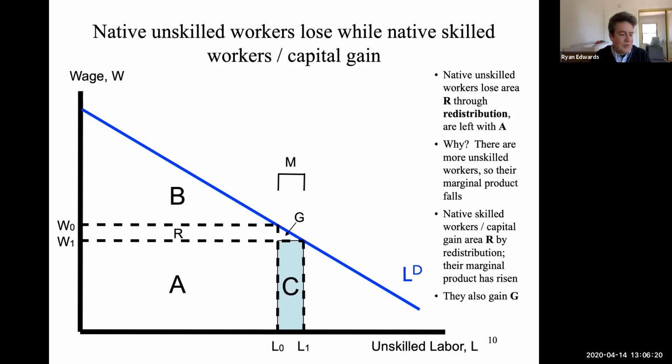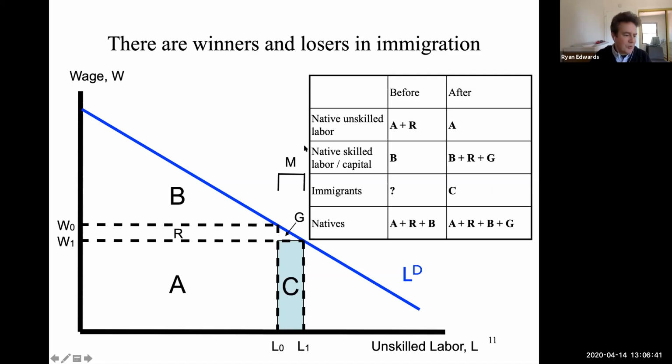But still, if the tax is small, if immigration is relatively small, the triangle itself is even smaller, and it tends not to be a very big deal. What is a big deal is the redistribution, this rectangle R, that gets yanked away from domestic unskilled labor when immigration happens. So here's our scorecard then.